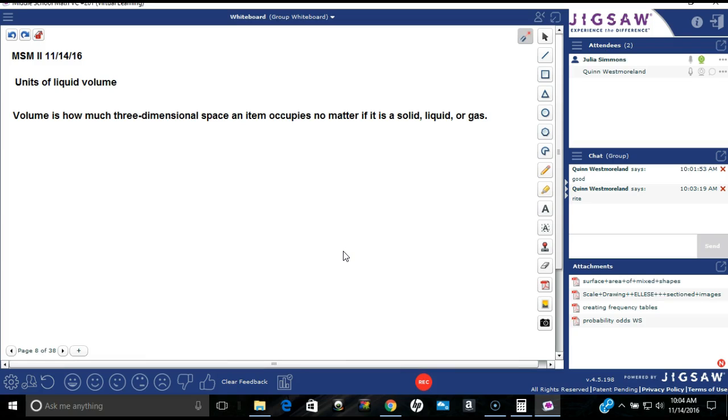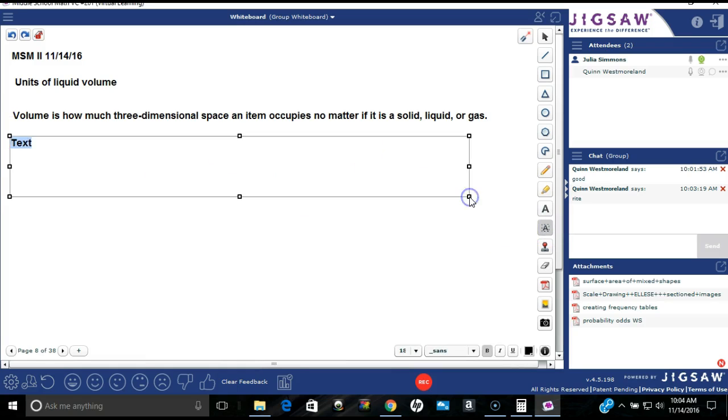So you're actually measuring that space that it occupies, not a length, not a weight. It is the actual space that it takes up. When you're talking about liquid volume, you're just looking at the amount of space that that liquid takes up.